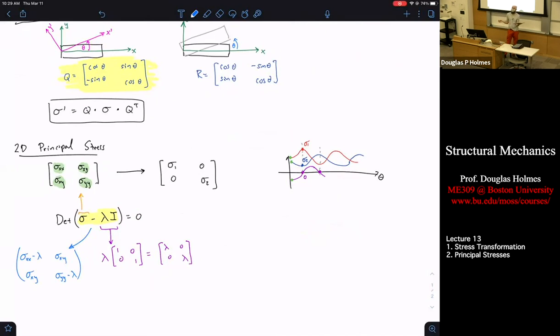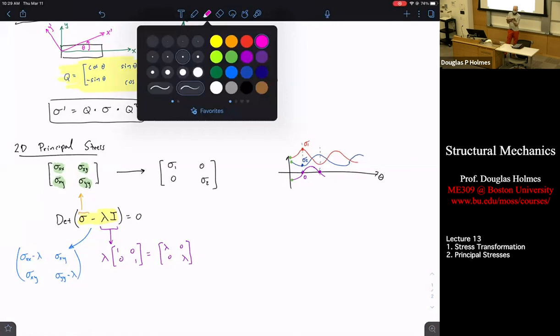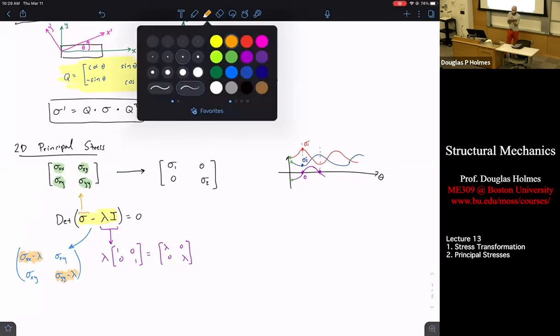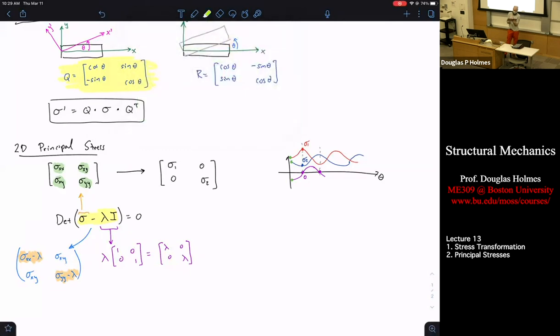Taking the determinant of a 2x2 matrix is really easy. You multiply your diagonal terms by each other, and you subtract the product of your off diagonal terms. So you get something that looks like this.